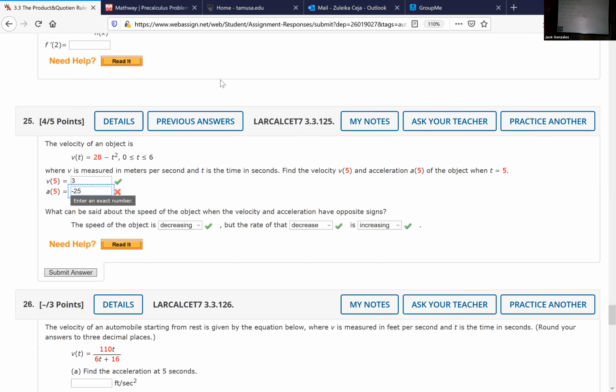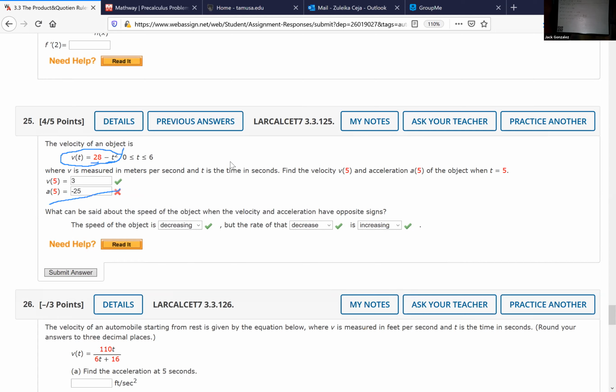You have to get rid of that. What's the derivative of this and the derivative of this? What would that be? 3. I don't know. Right, so remember, what is acceleration? You need to find the derivative of this entire function first before we do any of this here. So find v prime.